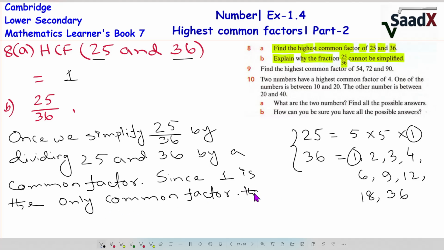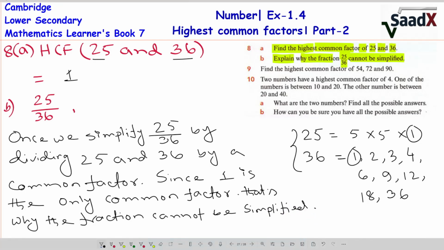That's why the fraction cannot be simplified.